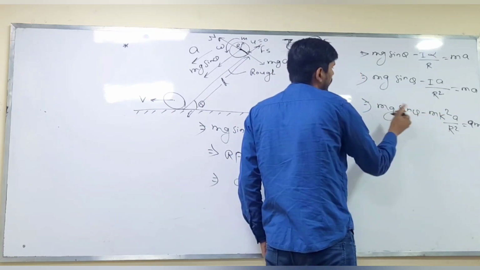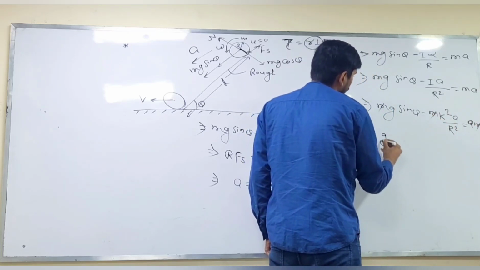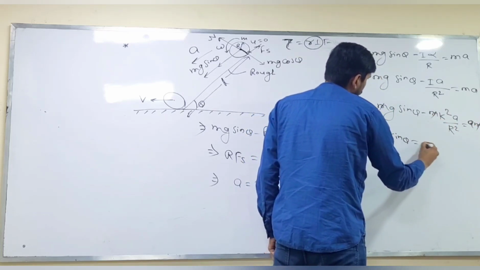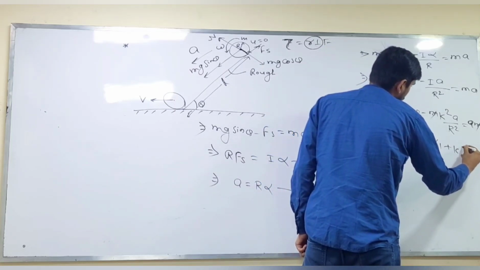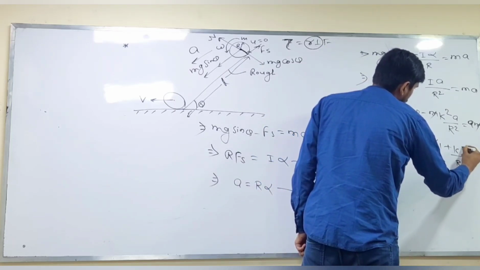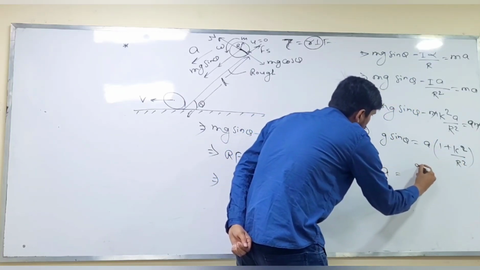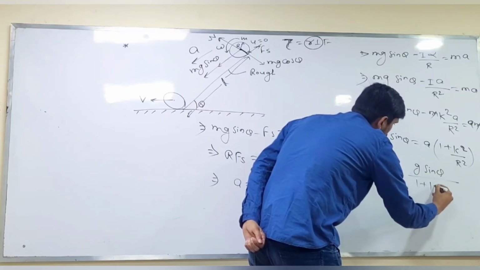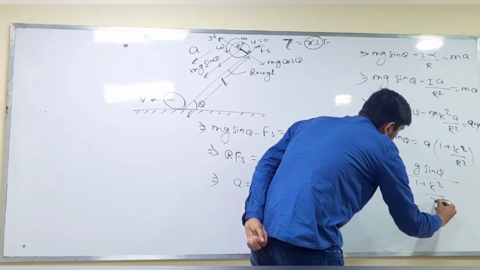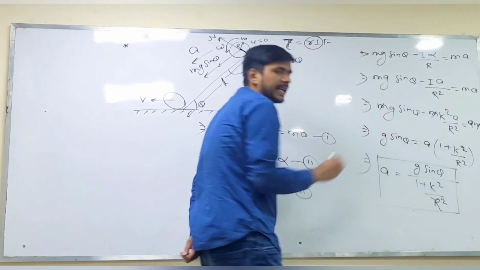Now take mass common, and on both sides mass is cancelled. This is the acceleration of the body.